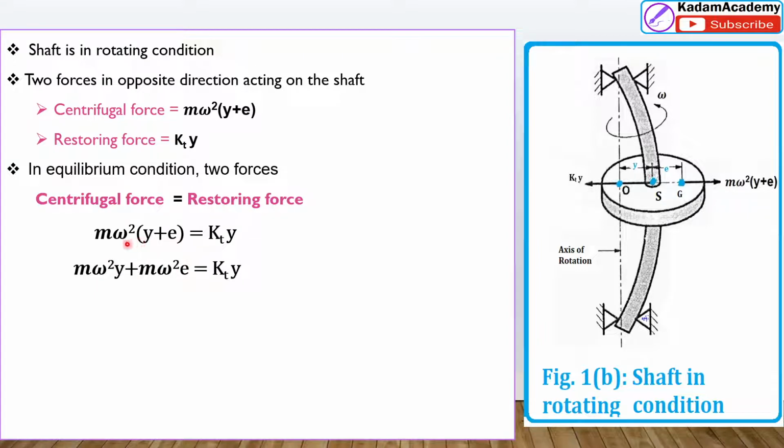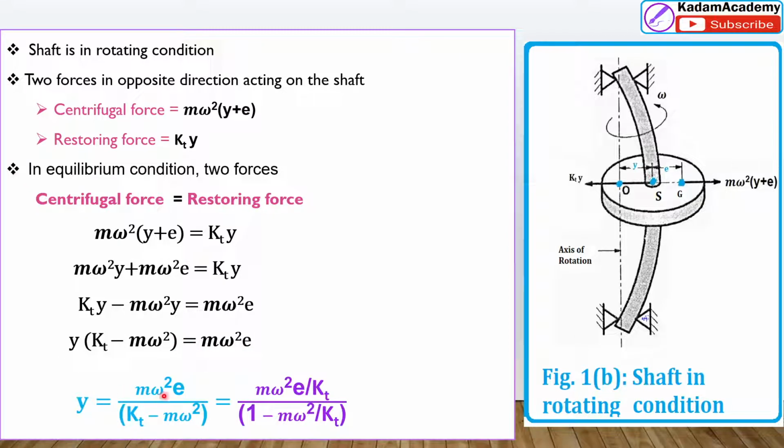Multiplying out, m omega square y plus m omega square e equals kt y. The y terms are taken on this side and m omega square e on the right side. Taking y outside, (kt minus m omega square) y is equal to m omega square e.